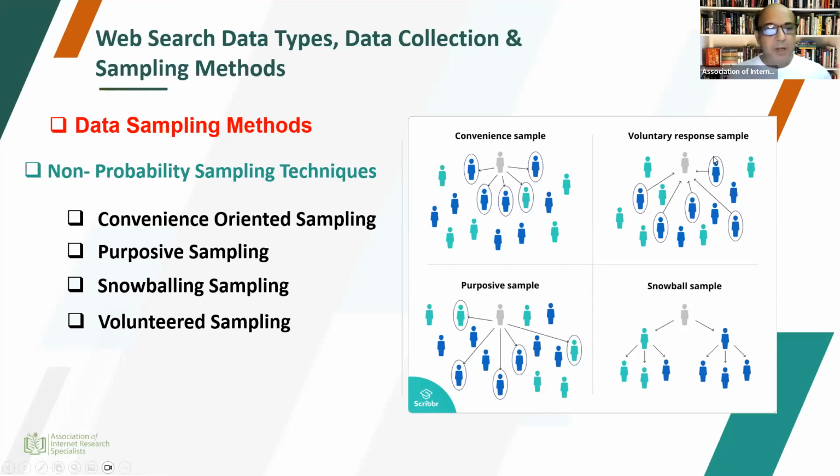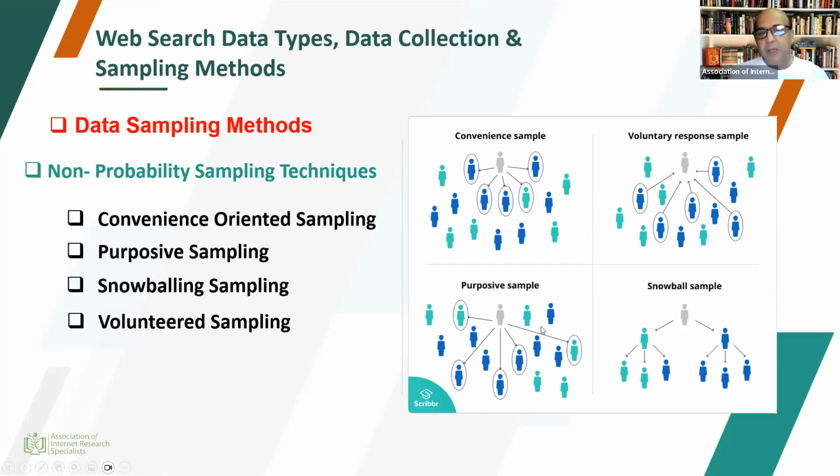Voluntary response sampling, or you could say volunteered sampling. Volunteered is when you give an incentive to people, or give a bonus, or pay them something, or compensate them in certain ways, and they are more than happy to become part of the sample. So that is volunteered sampling.